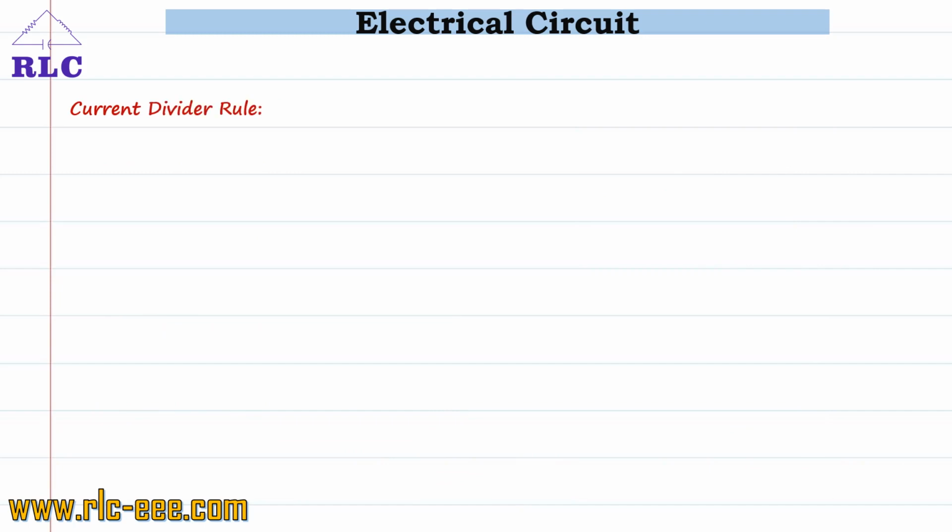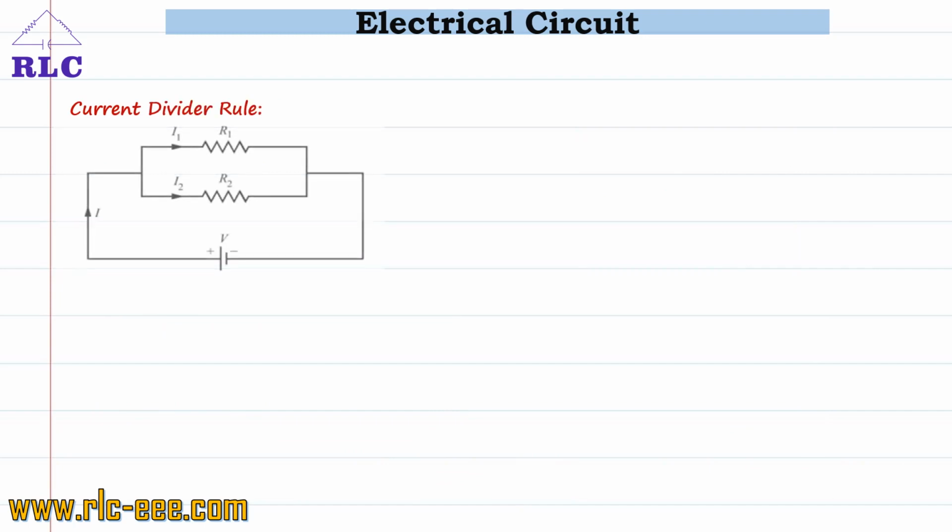Current divider rule. Consider a simple circuit. We have I1, I2 and main current I. You need to find the value of I1 and I2 with respect to I. So what is the formula?